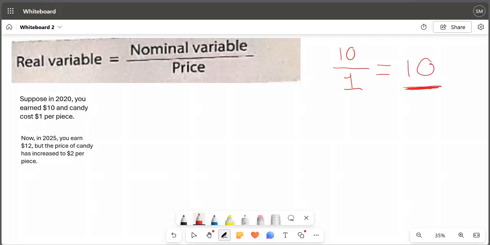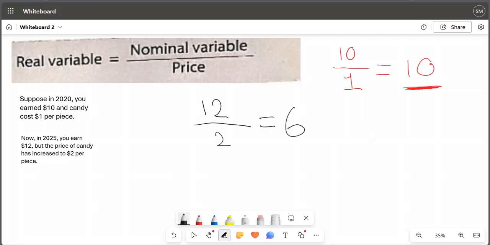Now, in 2025, you earn $12. We can see that there was an increase in our salary, but the candy also increased from $1 to $2. So in 2025, the nominal variable was 12 and the average price was 2. Our answer is going to be 6.